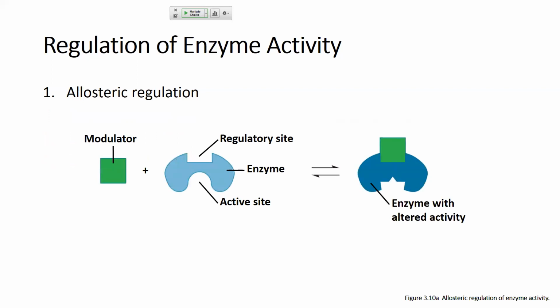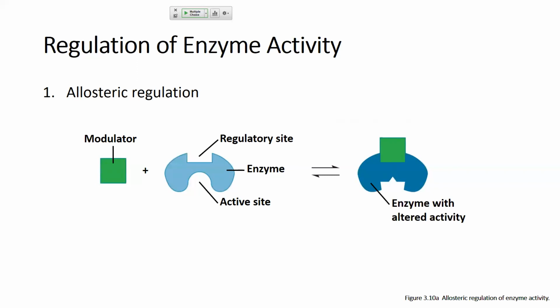And there's some sort of modulator that binds to this enzyme and basically changes the shape of the active site. So the modulator or some sort of molecule will bind to the enzyme. It will bind at the regulatory site, and in doing so, it will change the configuration of the active site, which will then change the enzyme's activity.